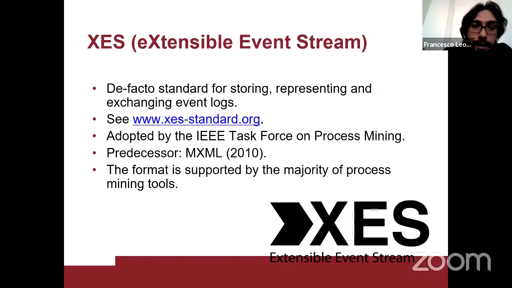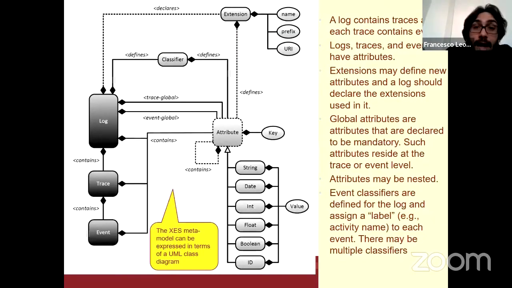And in order to represent logs, there is an international standard, which is the eXtensible Event Stream, XES, which is an extension of MXML, which is the previous standard. XES is an XML-based format, and here we have a schema.